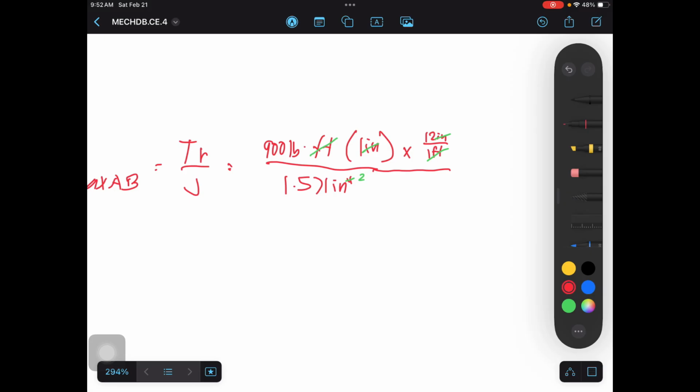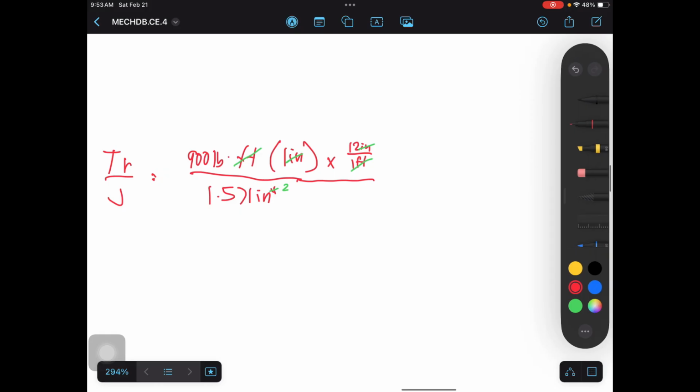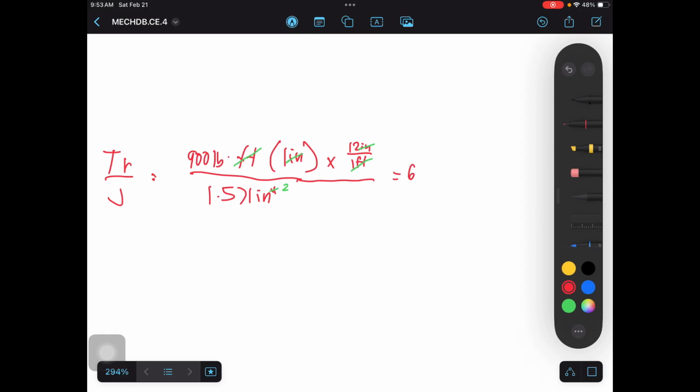So, what will be our final answer? 900 times 1 times 12, all over 1.571. So, our torsional stress is 6,875 PSI, or pounds per inch squared. Okay?